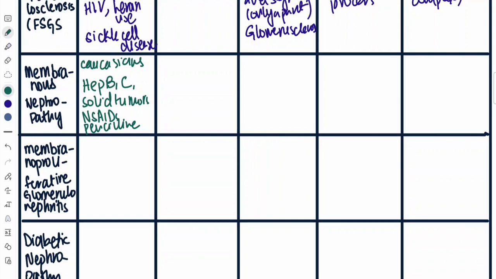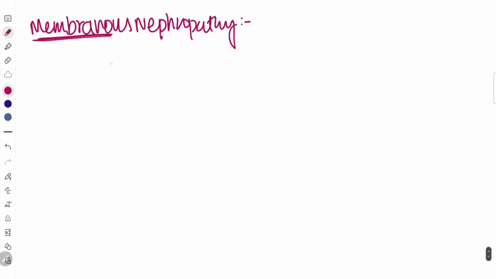We have a lot of things to understand here, and it's a big topic, but we're going to take it. Now, what is happening in membranous nephropathy? For membranous nephropathy, diabetic nephropathy, and membranoproliferative glomerulonephritis, there is a basement membrane problem. The basement membrane is getting thickened. That is why it is called membranous, because the membrane is being thickened.